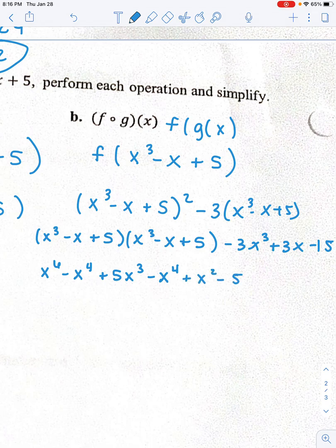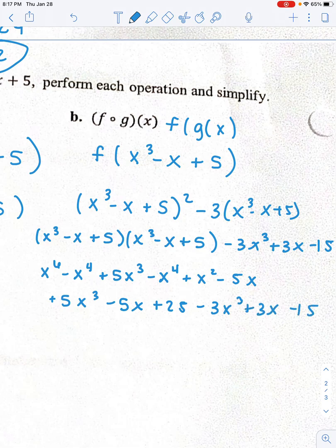I'm going to distribute the negative x now: negative x to the 4th plus x squared minus 5x. Running out of room. I'm going to distribute the 5 now, so 5x cubed minus 5x plus 25. Minus that 3x cubed from the very end there, plus 3x minus 15.